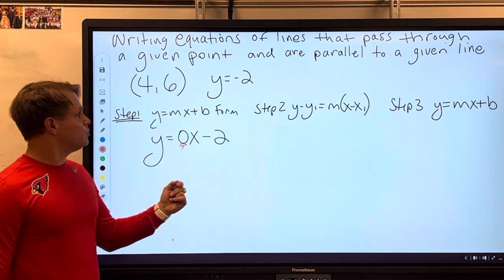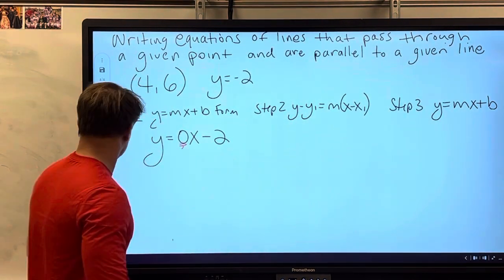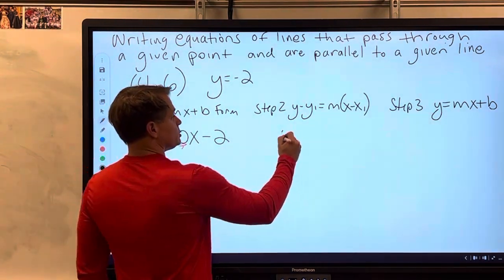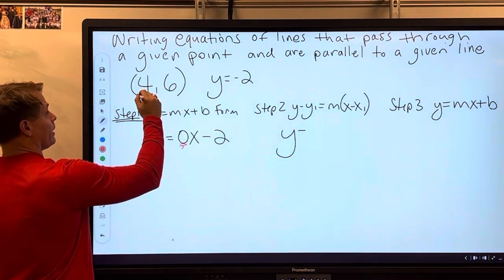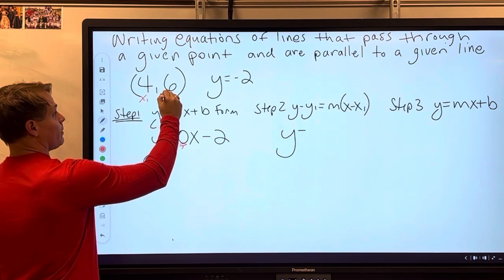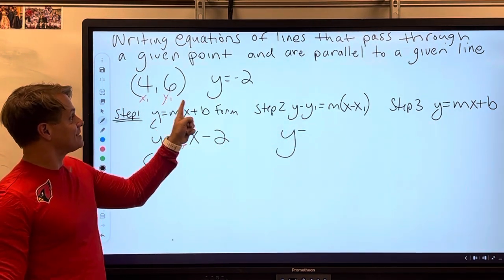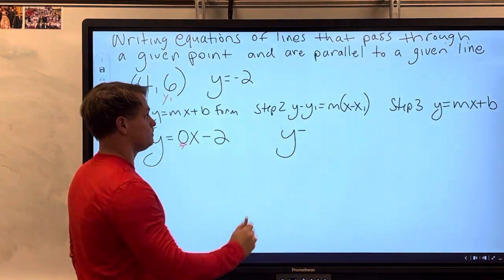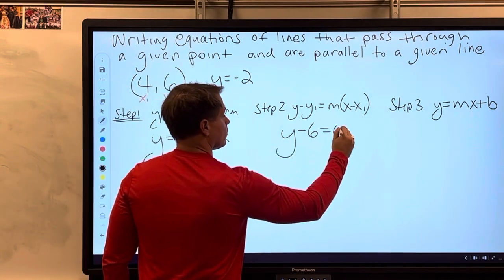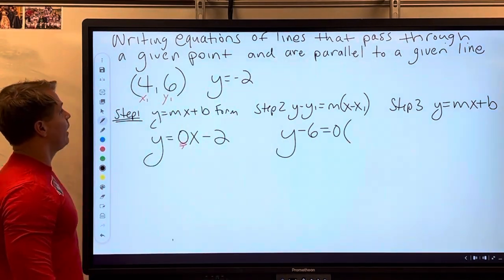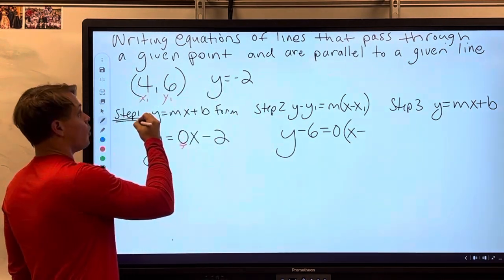So now what I'm going to do is write this in point slope form. So I got y minus y1, my x1 is right here, my y1 is right here. So I'm going to put 6 in for y1. The slope is 0. And then I have x minus x1, which is 4.